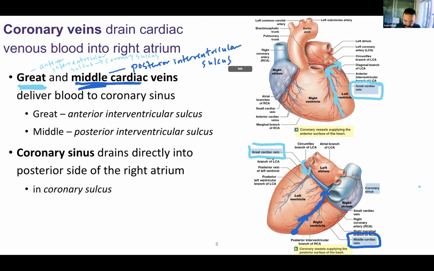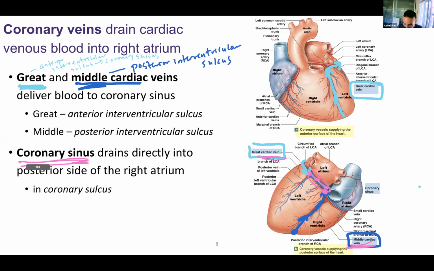We're not going to go over that one, but those are the two major branches so far that you need to know. One's on the anterior side, one's on the posterior side. Both of these, you'll see the great cardiac vein ends right here. The middle cardiac vein ends right here. Both of these feed in to this major vein called the coronary sinus.